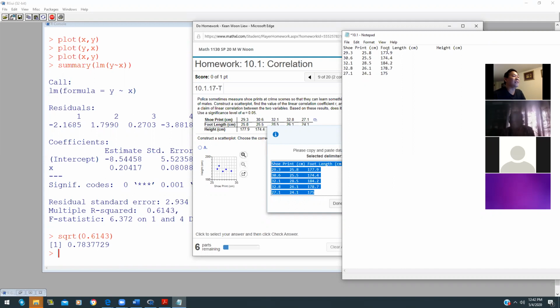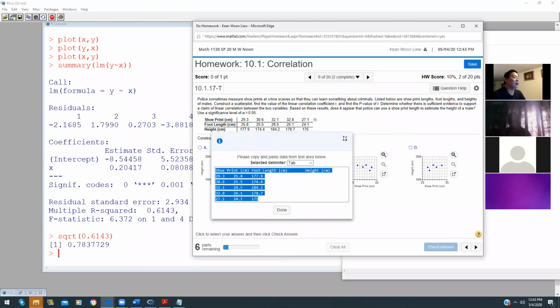Again, the problem is they are too long here, your title. So you have to make it short. So I'm going to do shoe for the first one, foot for the second one, too long, and height for the last one. I think height is okay. Yeah, height is okay, right? So save this. So we got it done.